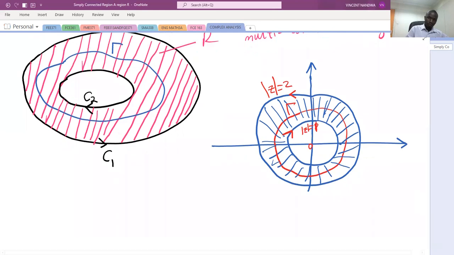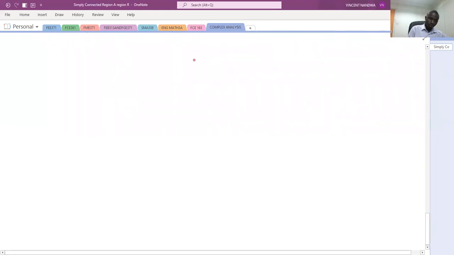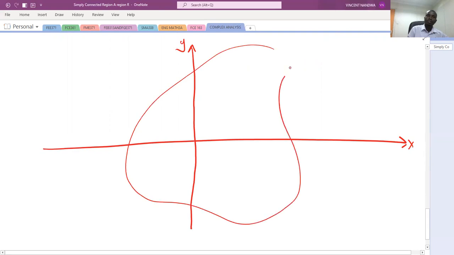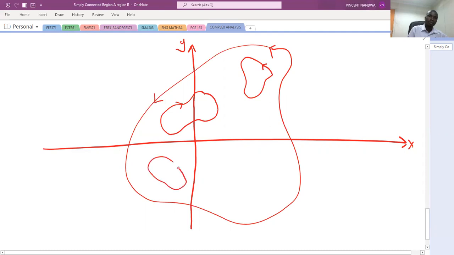Or we can have this is y, this is x, and then we have this curve. Then we can have several other curves. Then we have another one here. Then we have another one here.